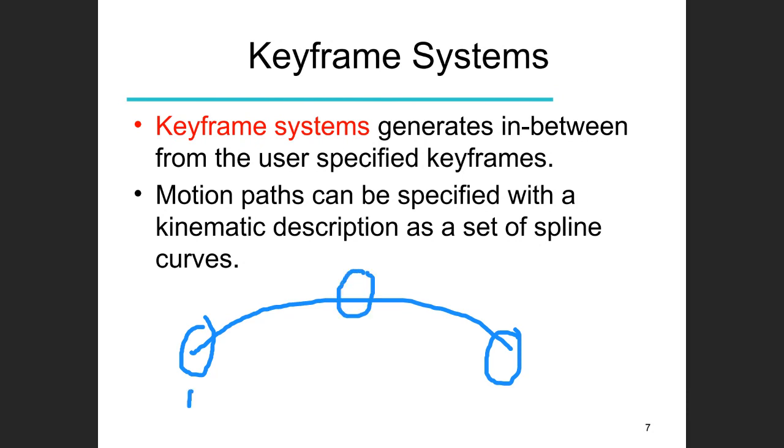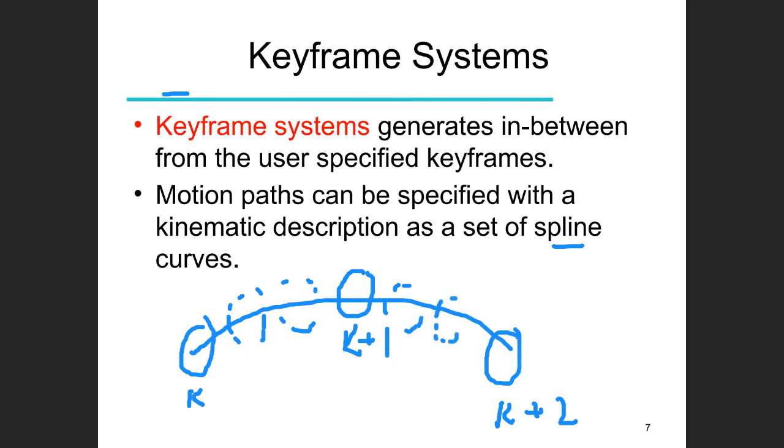I can call this keyframe K, this keyframe K plus 1, and this keyframe K plus 2. So when we provide these keyframes to the keyframe system, and we use some equation for the spline, maybe a cubic Bezier, the intermediate frames are going to be generated automatically by the spline equation. So whatever the position of the ball, it can be calculated by using the interpolation.